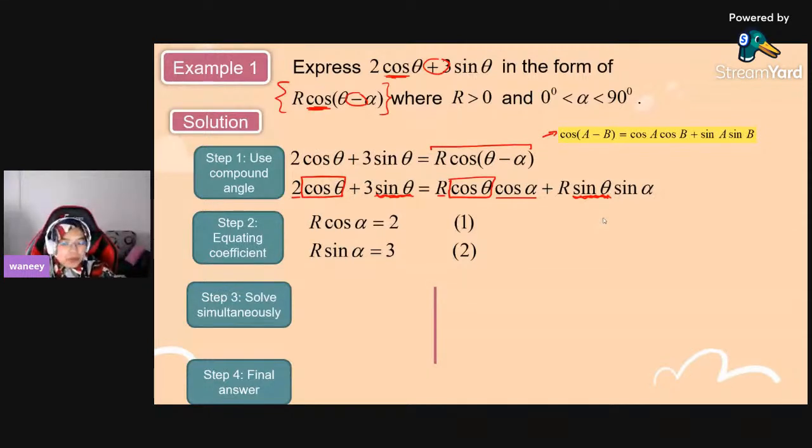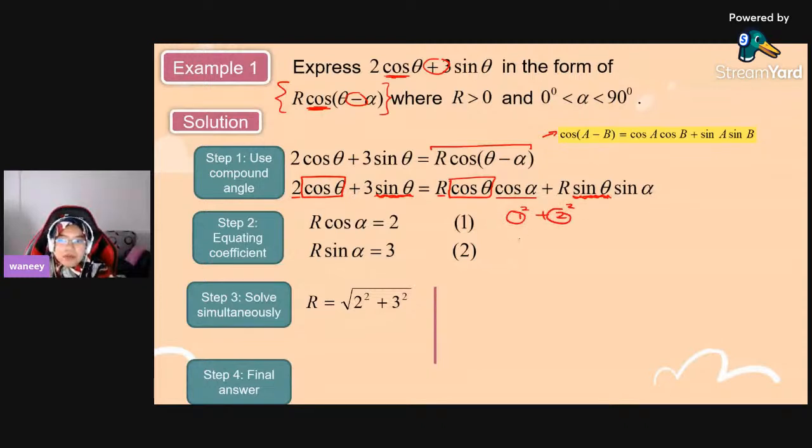Okay, so I'm going to do the first equation squared plus the second equation squared. So r is equal to the square root of 2 squared plus 3 squared. Okay, just in case you want to see the longer version. So 1 squared plus 2 squared.